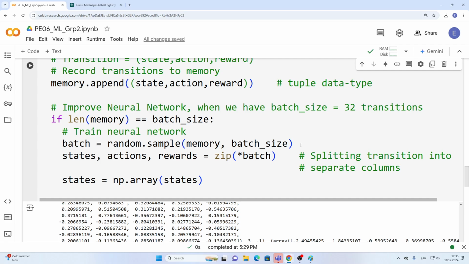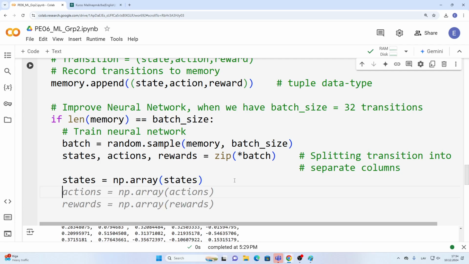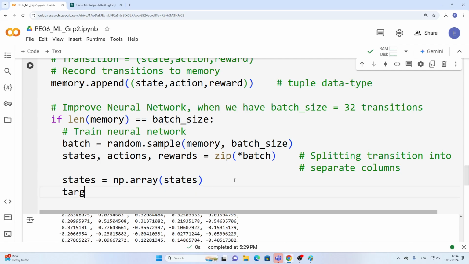The states, the pictures, are the only thing we need for our neural network, because we are not going to train it now, but instead see how well it predicts. So we are going to make predictions first to get targets.